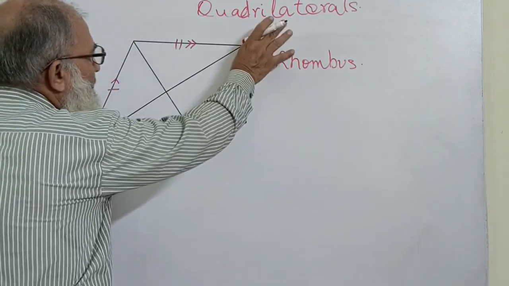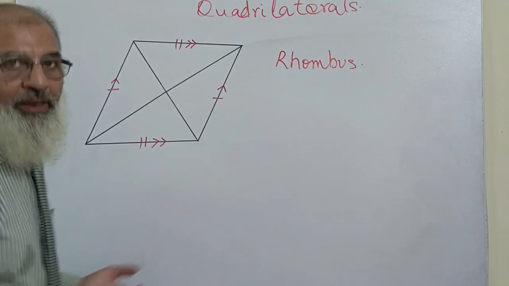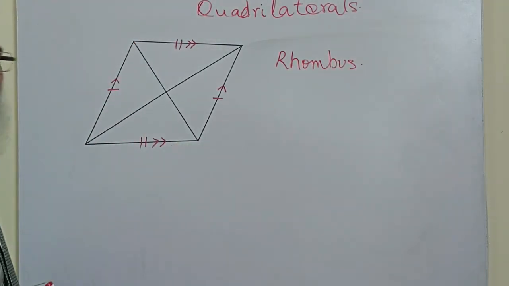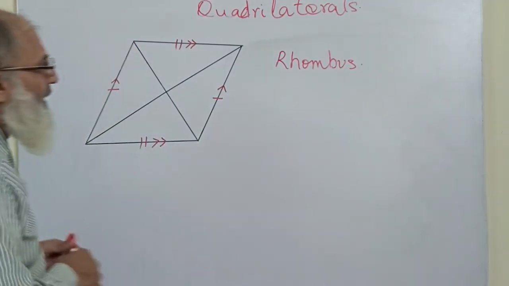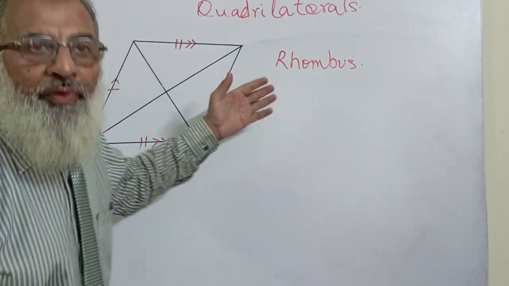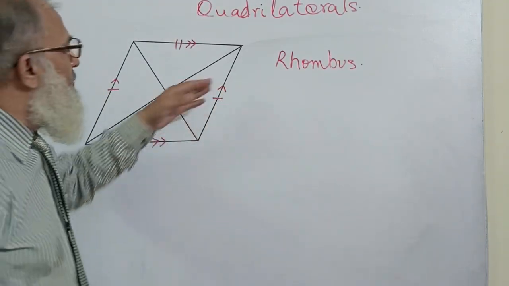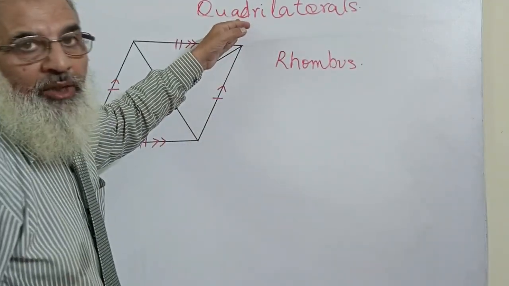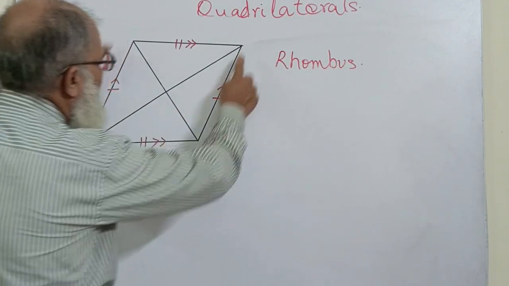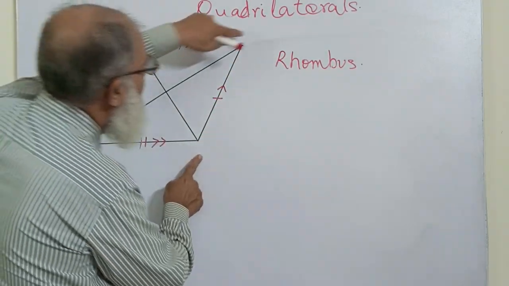The two diagonals bisect each other. Okay, this is again one property which was exhibited in the parallelogram. But again, there is one unique property over here which differs it from the other quadrilaterals. And what is it? That it has equal sides.